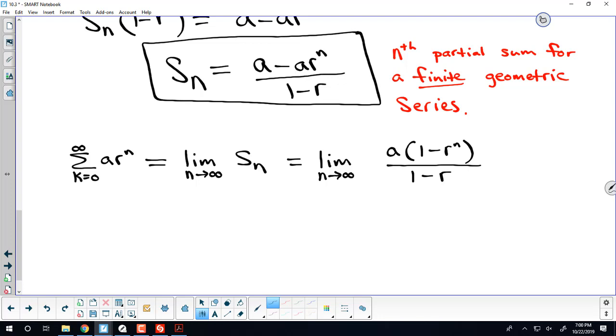Oh, because it's 2 over 3. Yeah, this is 1 though. Never mind. It should work here. So that should be 2 over 3?